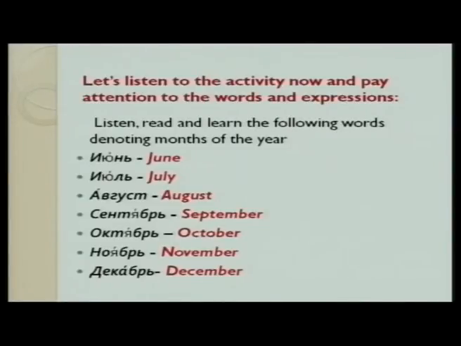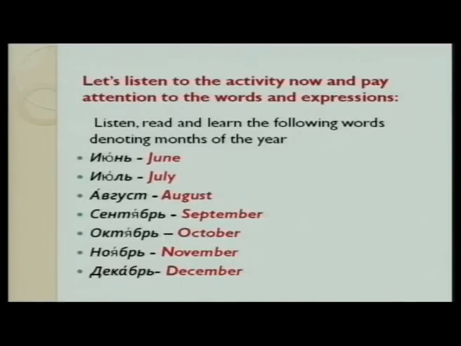Август means August. Сентябрь means September. Октябрь means October. Ноябрь means November, and декабрь means December.